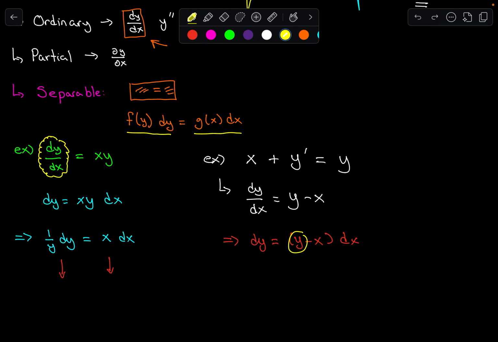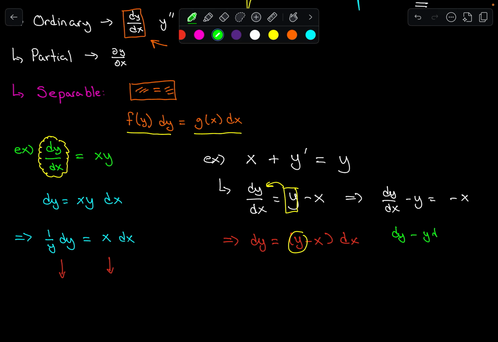It's not possible. Some people might say, well, what if I had taken this y and subtracted it from the left-hand side first and then multiplied by dx? The math still works out the same way. I would have gotten dy dx minus y is equal to negative x. And again, if I multiply both sides by dx, I end up with dy minus y dx is equal to negative x dx.